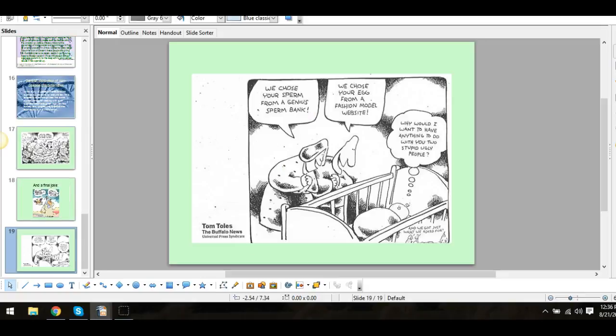And one more joke for the very end is a mother and a father leaning over the crib of a newborn, and the mom says, we chose your sperm from a genius sperm bank. And the father says, and we chose your egg from a fashion model website. And the newborn is just thinking in its head, why would I want to have anything to do with you two stupid ugly people?